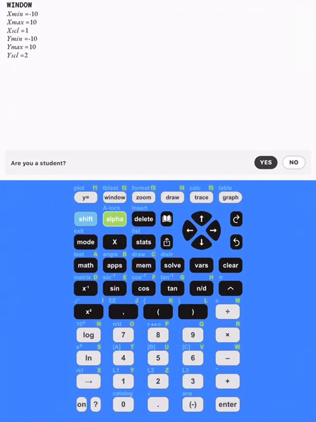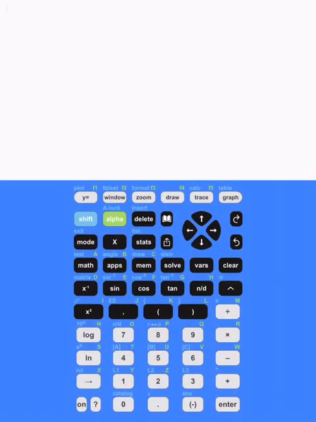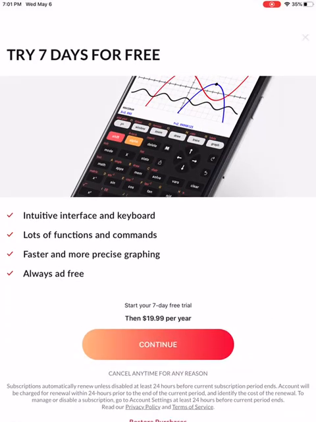I'm going to reiterate, press the mode button. Oh, come on. Why is it frozen? Are you a student? No, I am not a student. Okay. Mode. I don't know why it's not working. I have to pay for this.